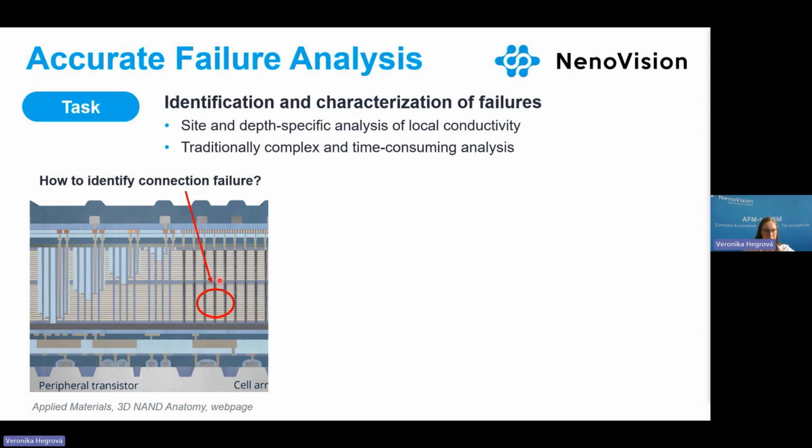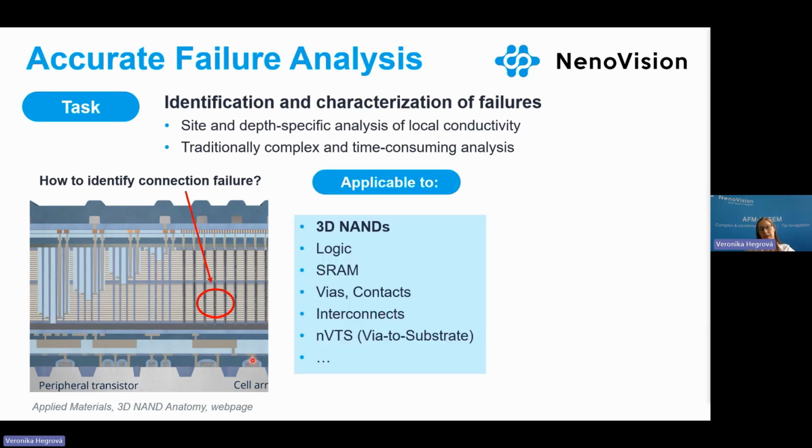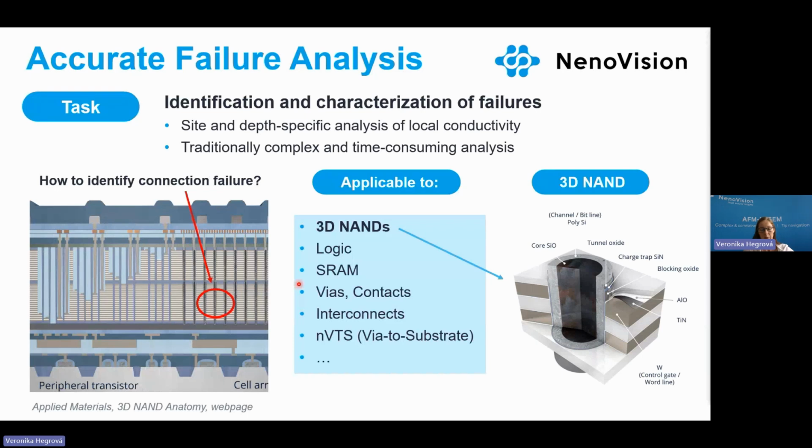So how can we get there and measure the local conductivity, as the traditional techniques are quite complex and the analysis is quite time consuming. This is applicable to several structures such as 3D NANDs, logic, SRAM structures, vias or contacts, intercontacts, and NVTs. We will show it today on the 3D NAND.